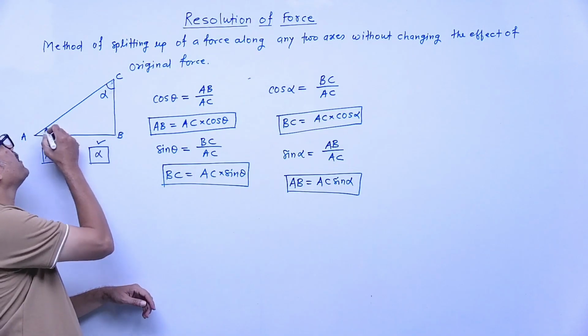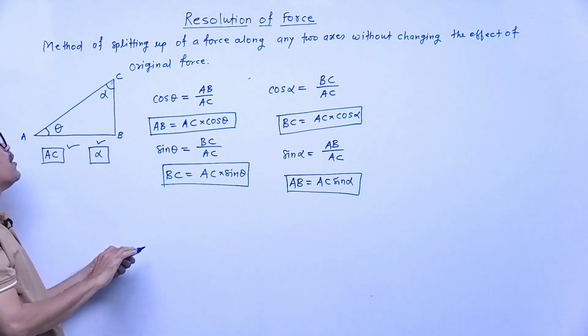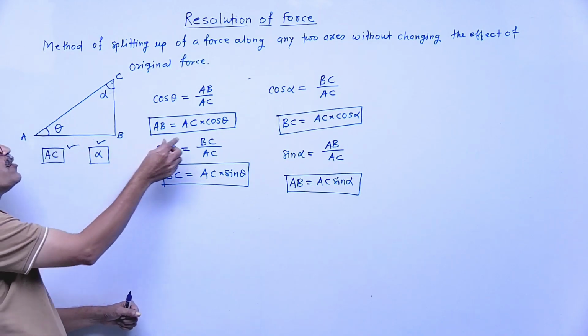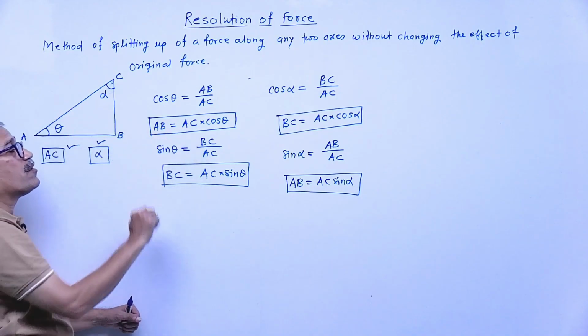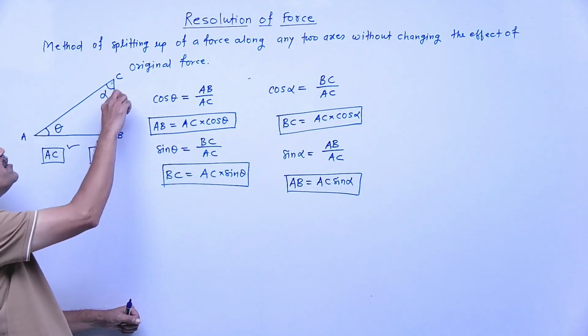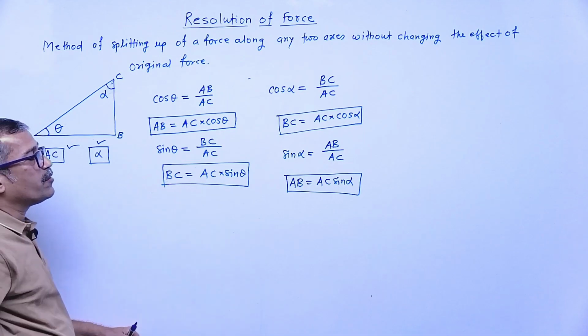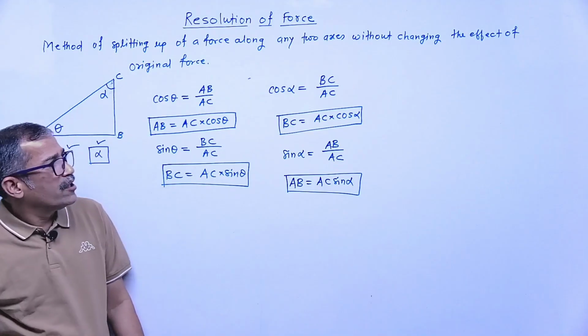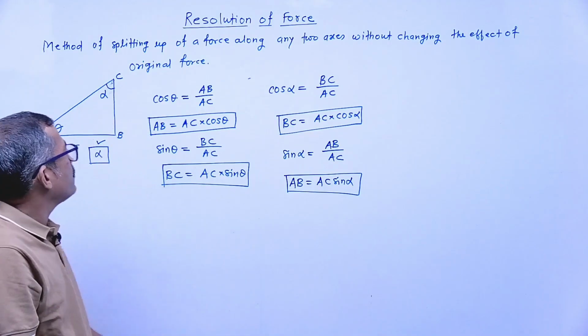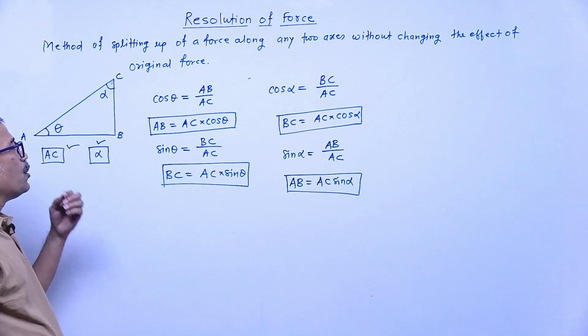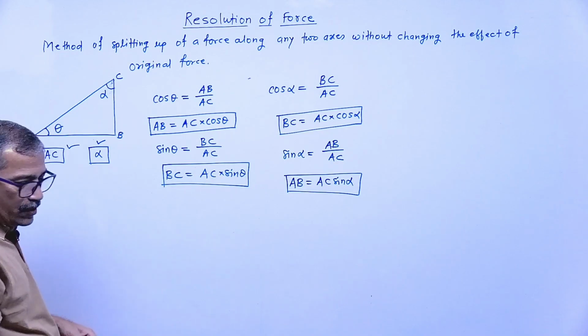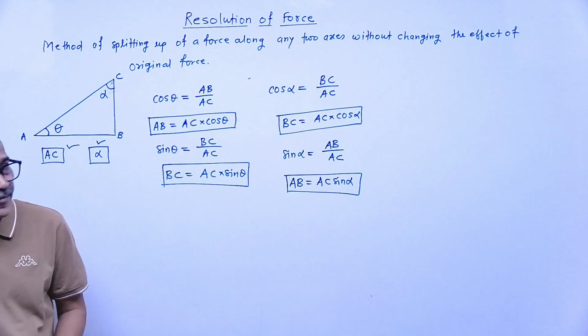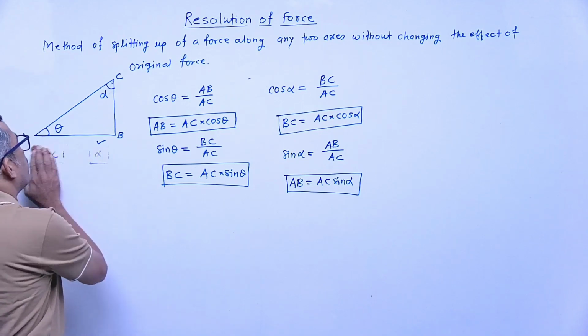When angle theta is given, the side adjacent to the angle is AB, so AB is AC into cos theta, and BC, opposite to the angle, is hypotenuse into sin theta. Clear? The same thing is required for resolution. The only difference is that these lengths are now replaced by forces.